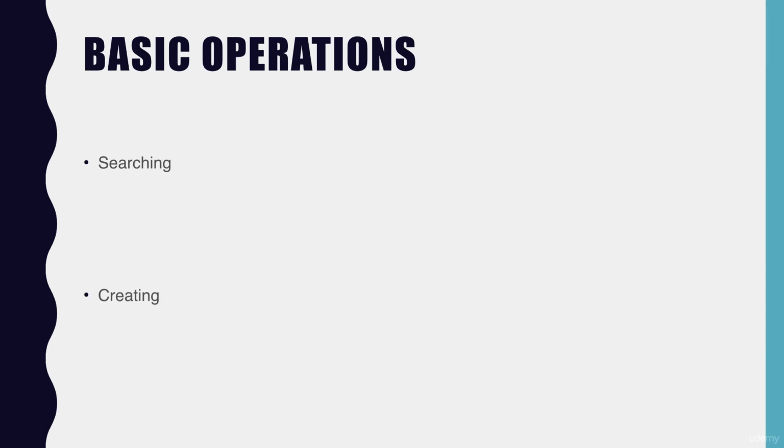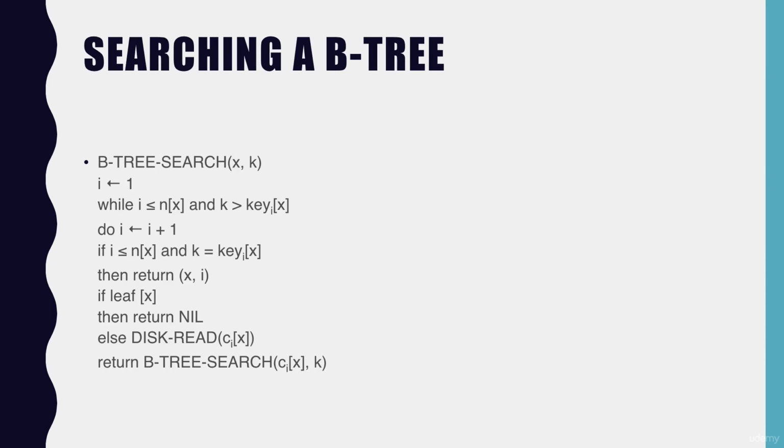Searching a B-tree. B-tree search is a straightforward generalization of the tree search procedure. B-tree search takes as input a pointer to the root node x of a subtree and a key k to be searched for in that subtree.